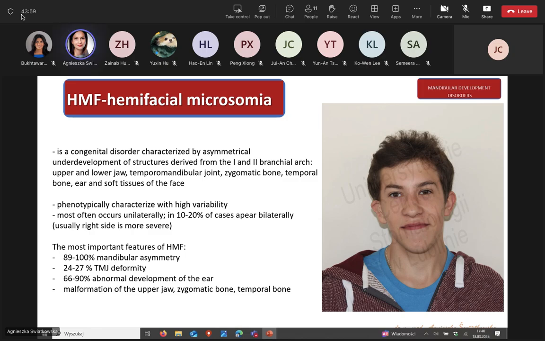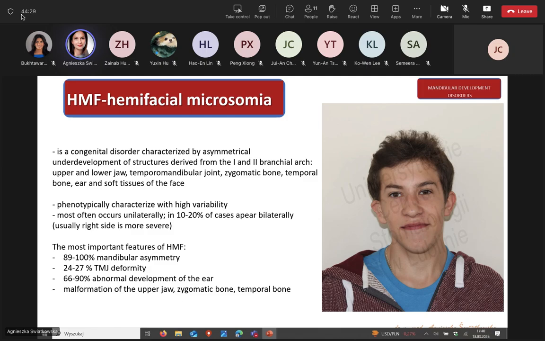These are congenital disorders characterized by asymmetrical underdevelopment of structures derived from the first and second branchial arch: upper and lower jaw, temporomandibular joint, zygomatic bone, temporal bone, ear, and soft tissues of the face. Phenotypically, it is characterized by high variability.